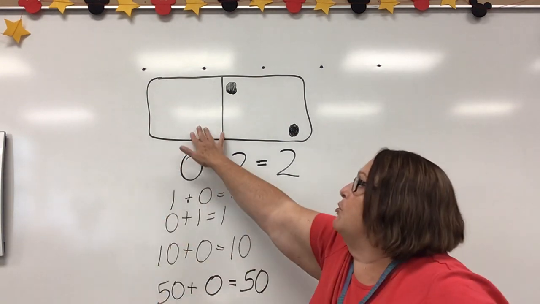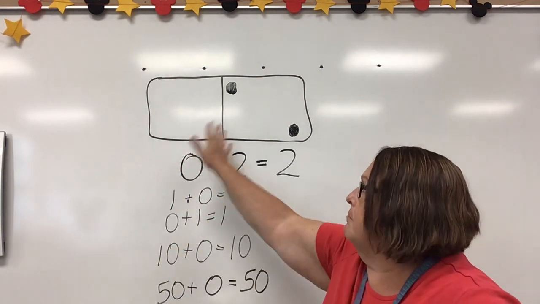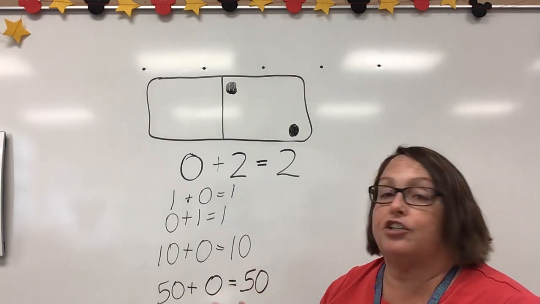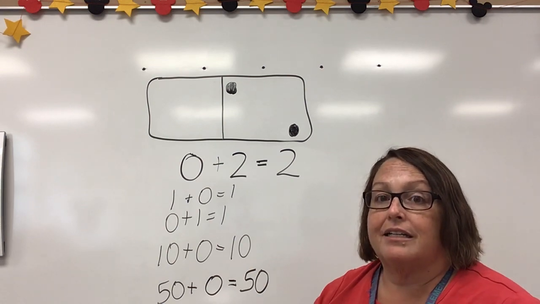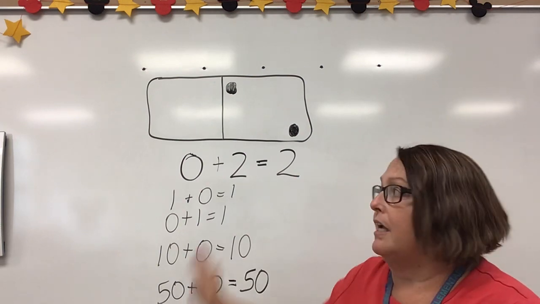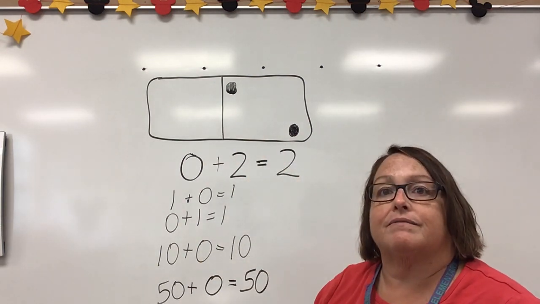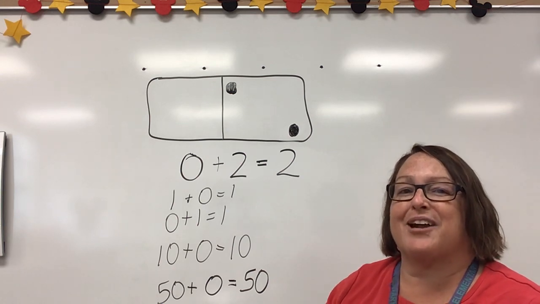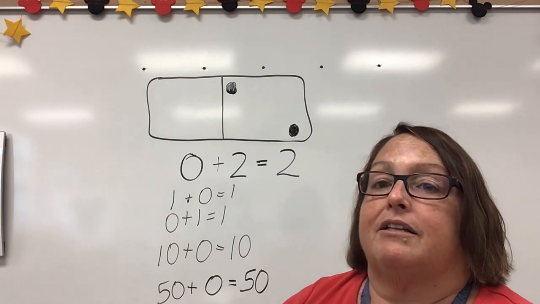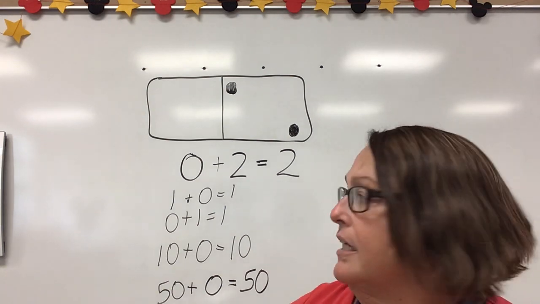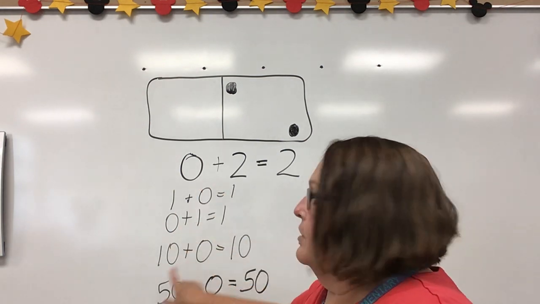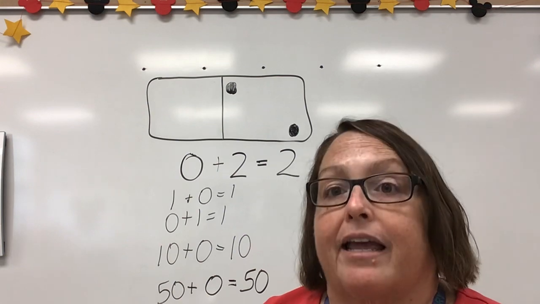What if I had room and time to draw 1,000,000 on one part, and then I ran out of marker and couldn't put any on the other side? So I had 1,000,000 plus 0, how many dots are going to be on that domino? You're right. There's still going to be 1,000,000. So any number that has 0 added to it on one side or the other is always going to be the same number.